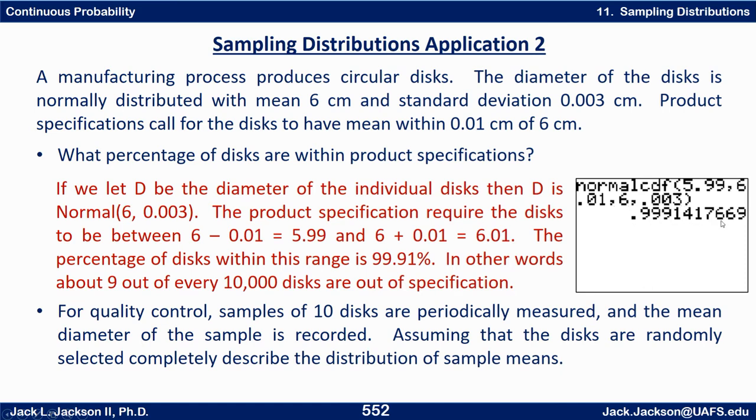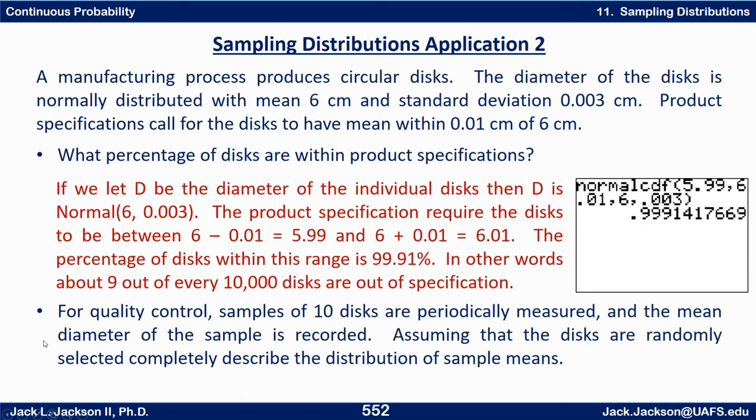This turns out to be 0.99914, etc., or about 99.91%. In other words, about 9 out of every 10,000 discs are out of specification. So we're talking about items per 10,000 at this point. A little less than 1 out of every 1,000.